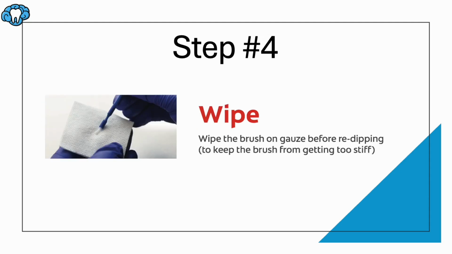So step number 4, after applying as much as you can with one brush worth of varnish, wipe any excess before redipping it to keep the brush from getting too stiff. All in, it should take no more than 2 minutes to varnish all of the teeth.